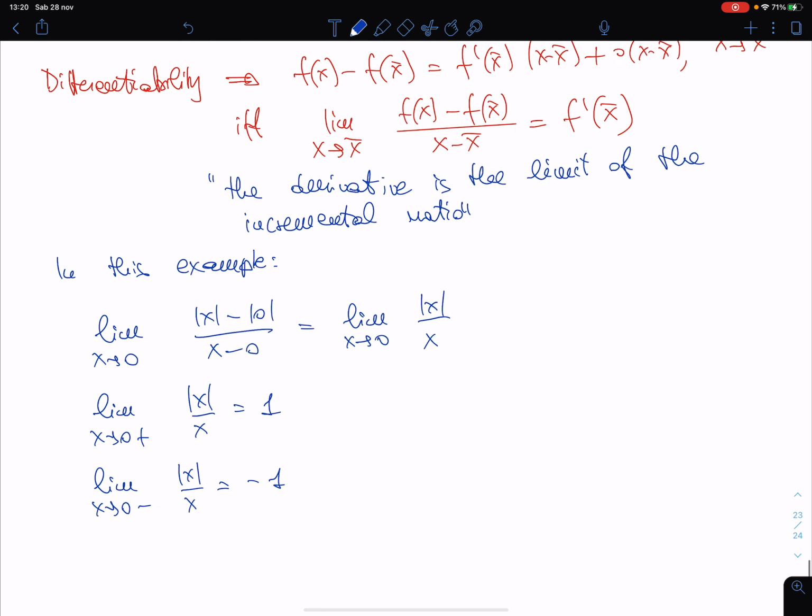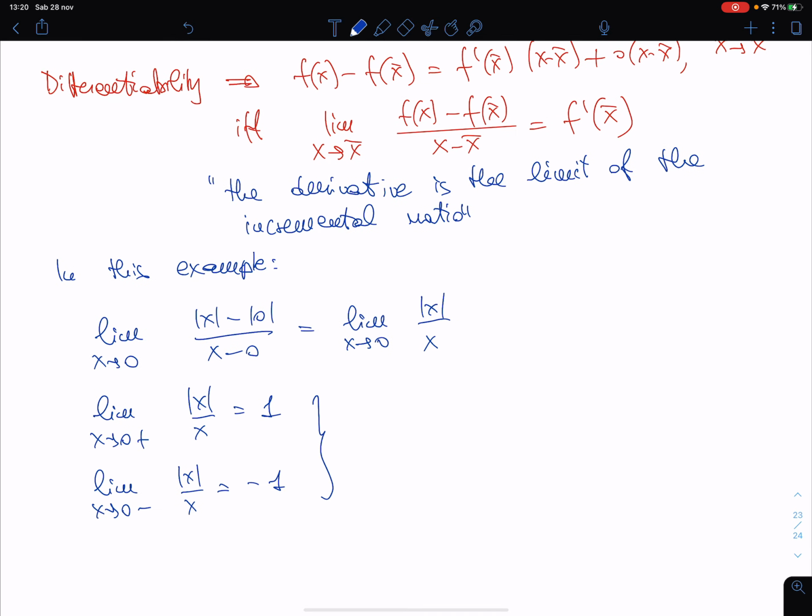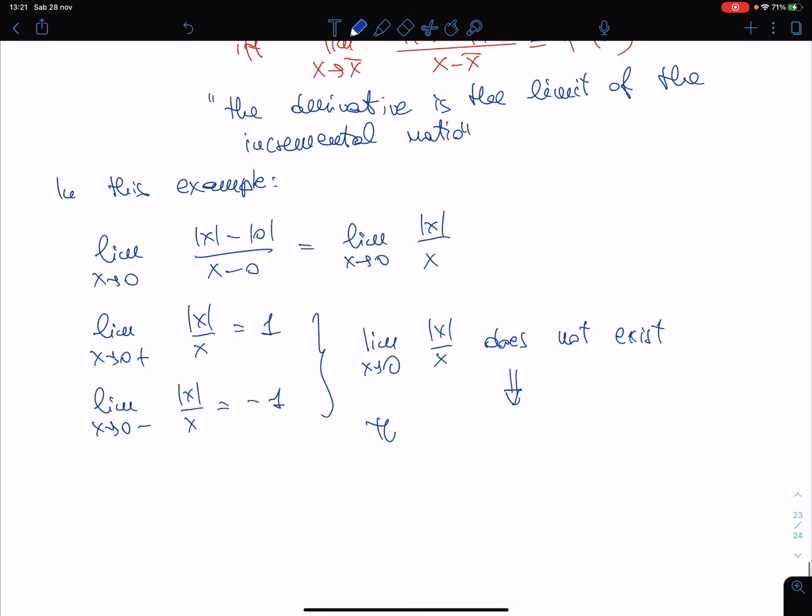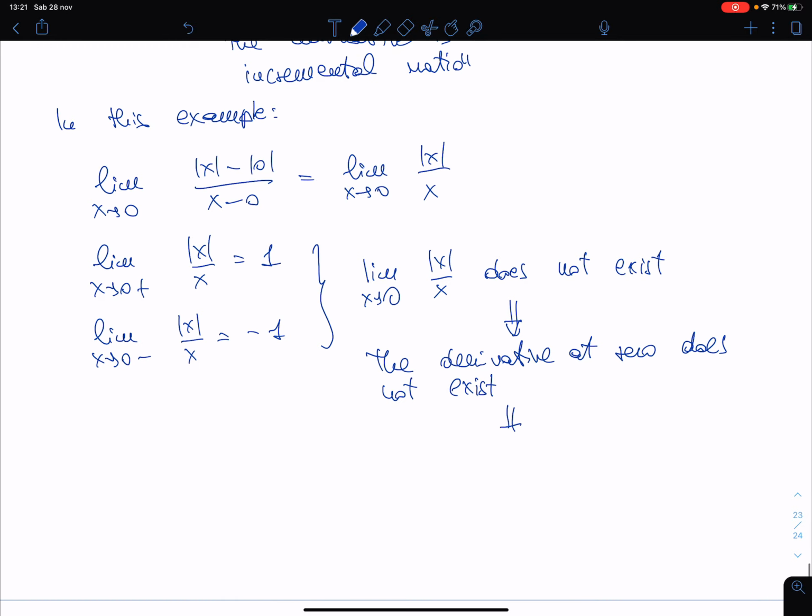So since the right and the left limit differ from each other, the limit of the incremental ratio does not exist. So the derivative at 0 does not exist. And so the tangent to the graph at 0 does not exist.